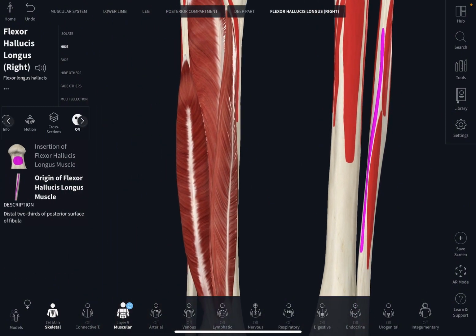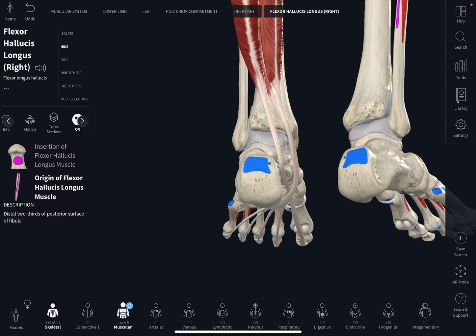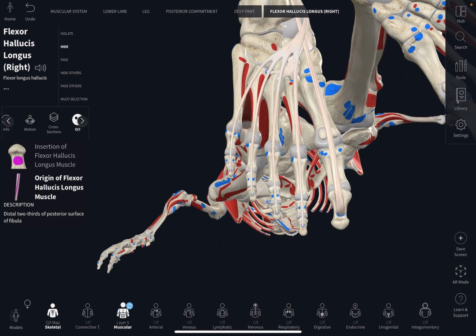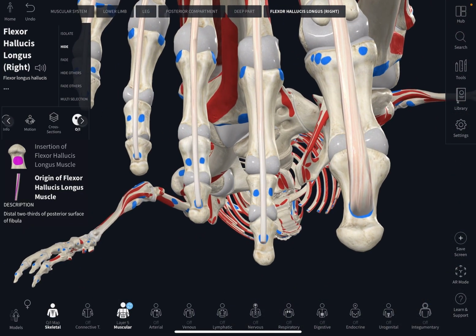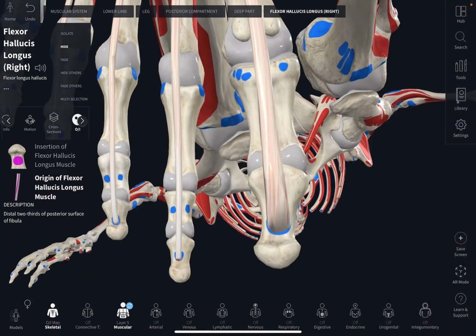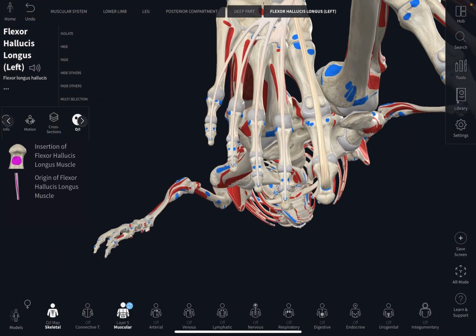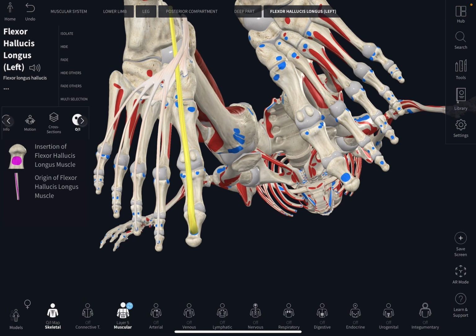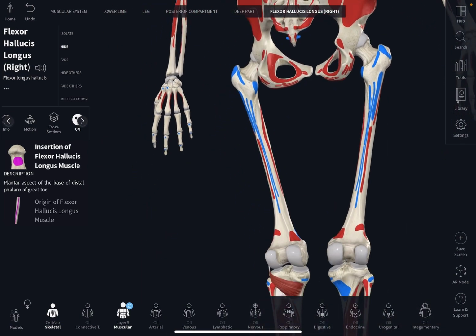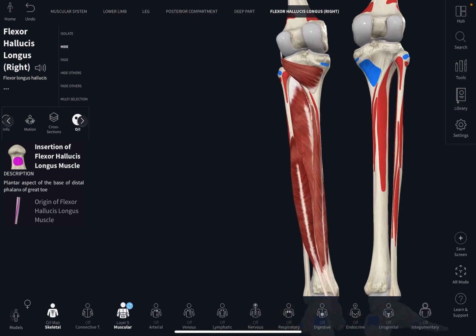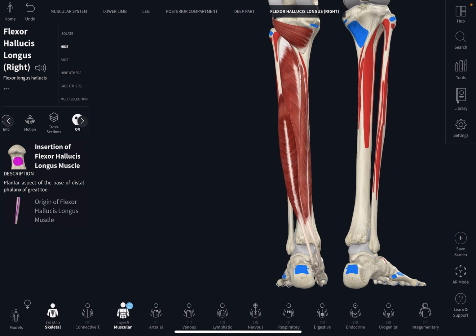And it's going to insert itself at the distal phalanx of the great toe, right here. And this is going to help flex the big toe, and it's going to weakly help with plantar flexion.